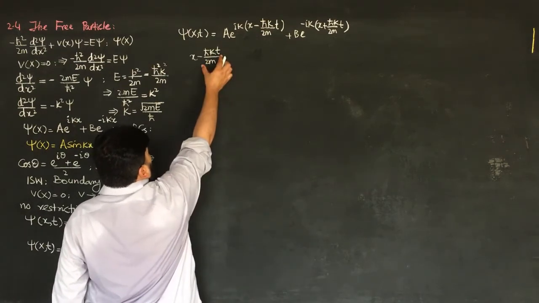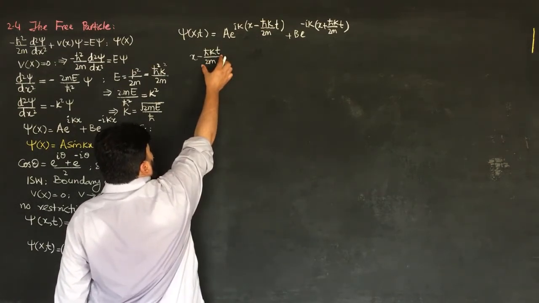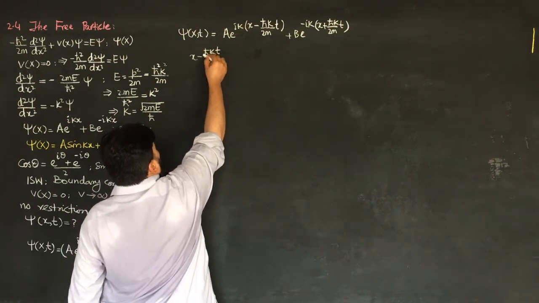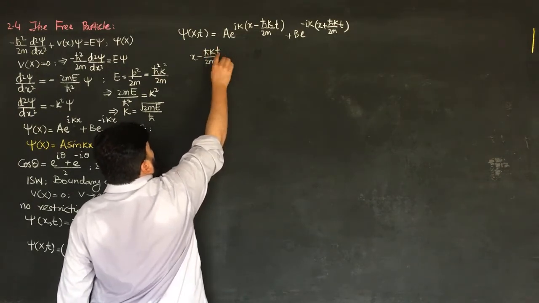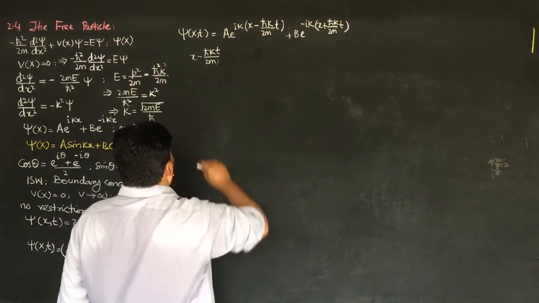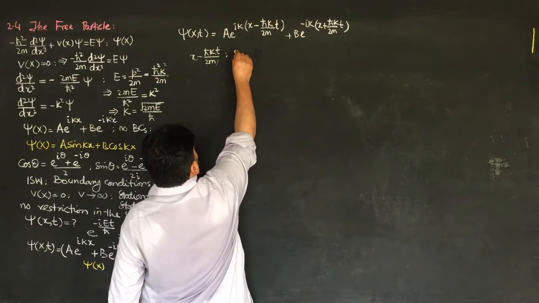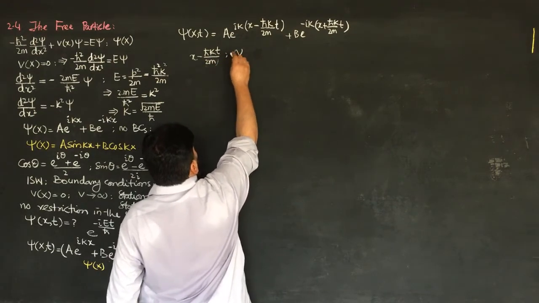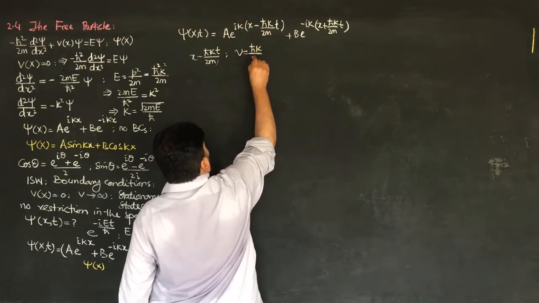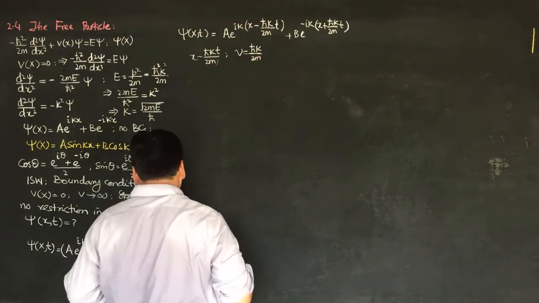Now this one from the dimensional analysis should be x. Now how can this be x when this is v? Then vt is equal to x. So we have that v, the velocity, is equal to h bar k over 2m.